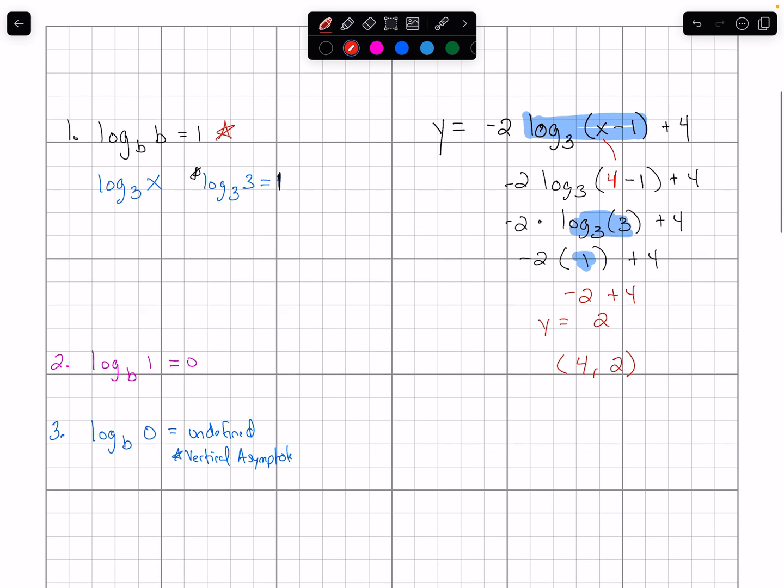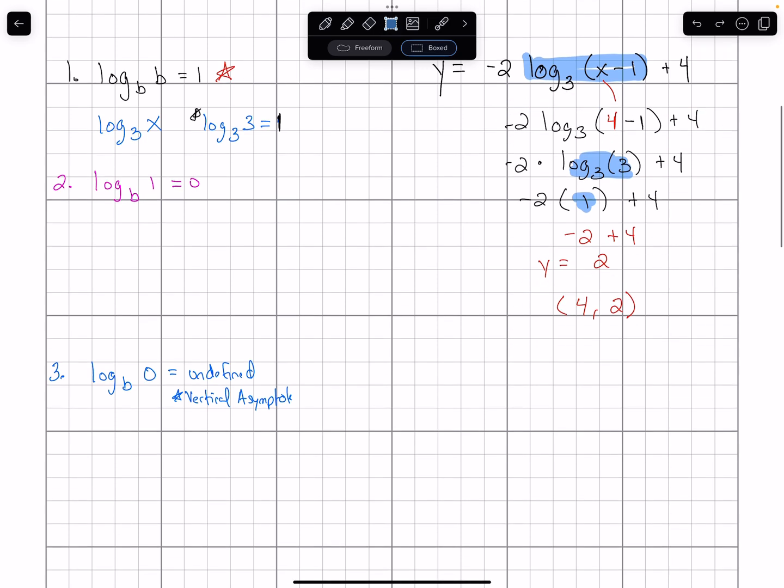The next one I'm going to use is my second property here, which is going to be very similar to what I just did. But this time, I don't want log base 3 of 3. I want log base 3 of 1. So y equals negative 2 log base 3 of x minus 1 plus 4.